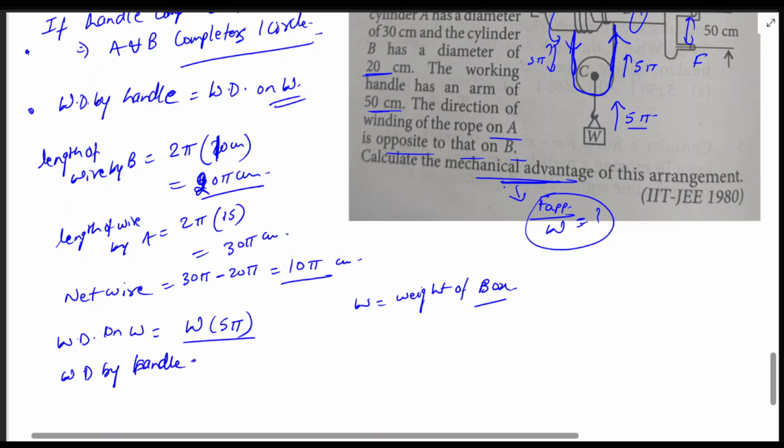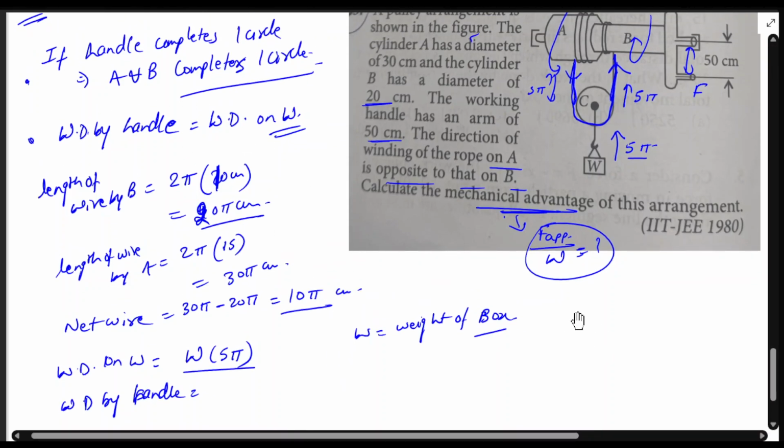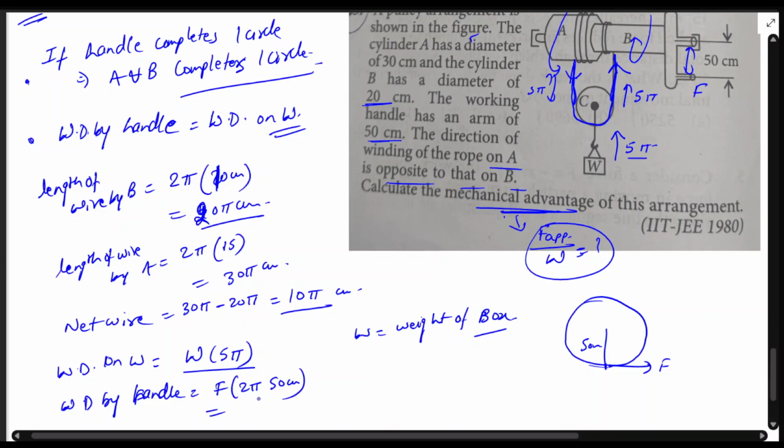Now look, if I'm rotating this handle like this, I will be applying F in the tangential direction, and the total distance will be, this is 50 centimeter, so total distance will be F into 2 pi R, R being 50 centimeter, so we will have 100 pi F, right?